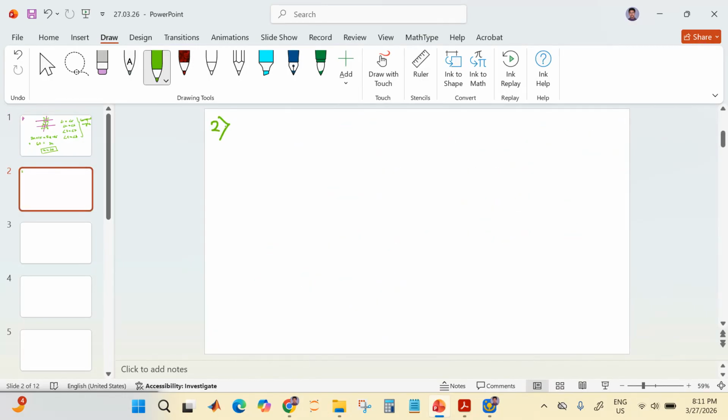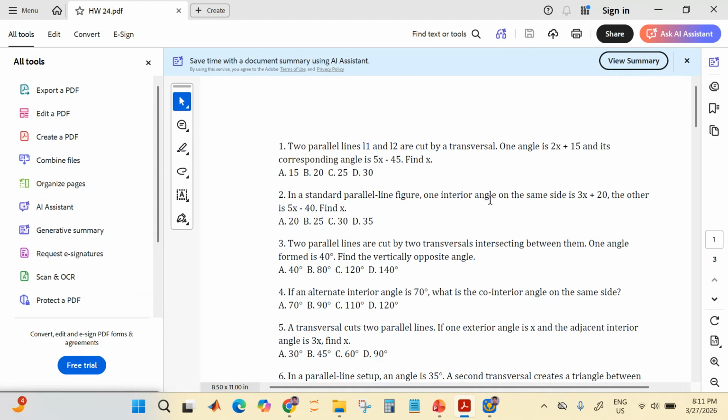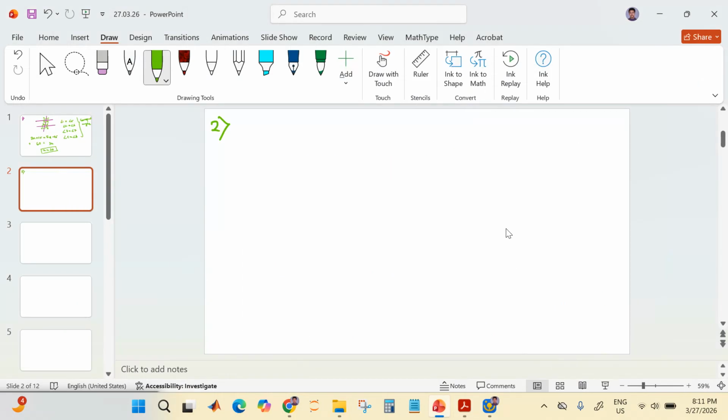Question number 2: in a standard parallel line figure, one interior angle on the same side is 3x plus 20 and the other is 5x minus 40. What is the interior angle concept?